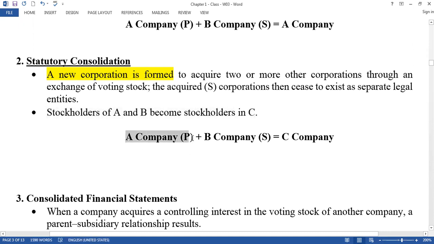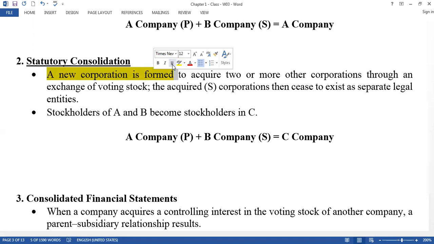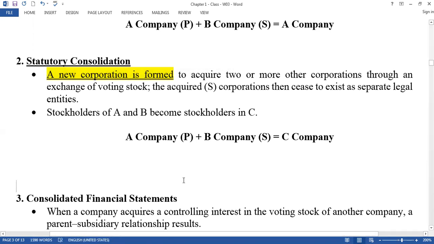So company A merged with company B with a new name, because when it is a statutory consolidation, the definition is that a new corporation is formed. So you have to form a new company. Parent company and subsidiary company merge together and form a new name, a new identity.